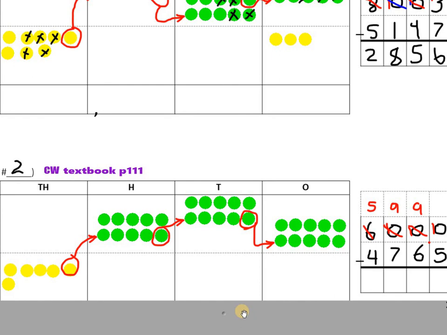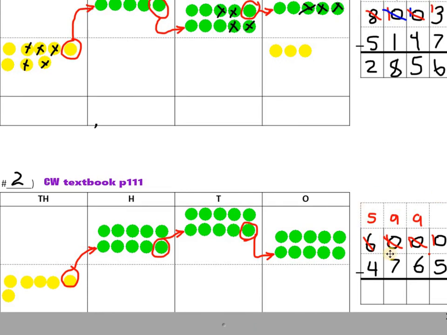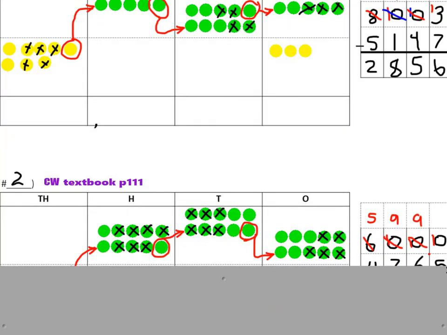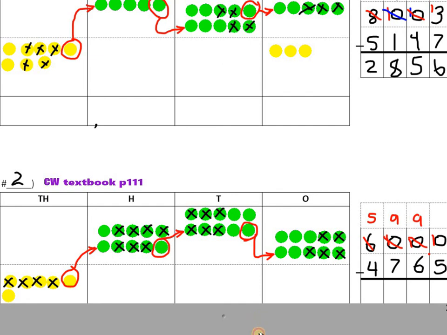So I have my chip chart, I've got my regrouping, and I showed how the regrouping works in the algorithm. And now, check your work, make any corrections that you need to, and then do your subtraction. Please press pause. Okay, I'm all done subtracting on my chip chart, so I want you to check your work against mine to see how you did.